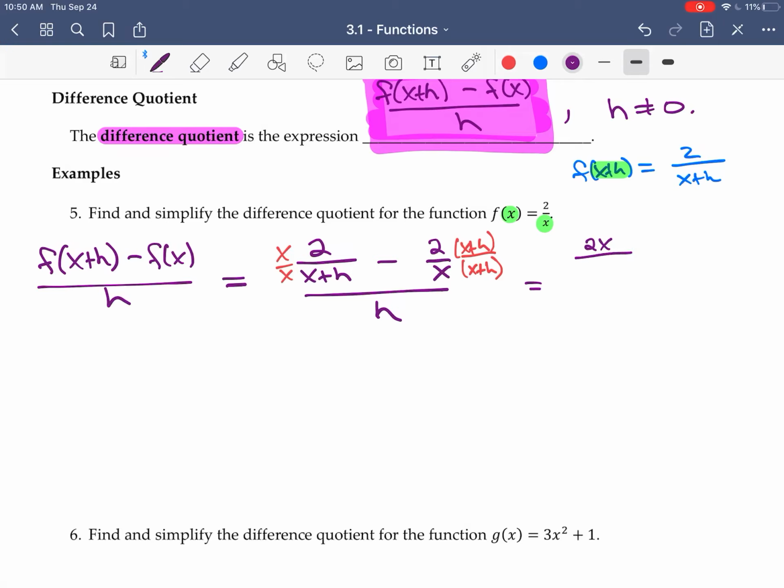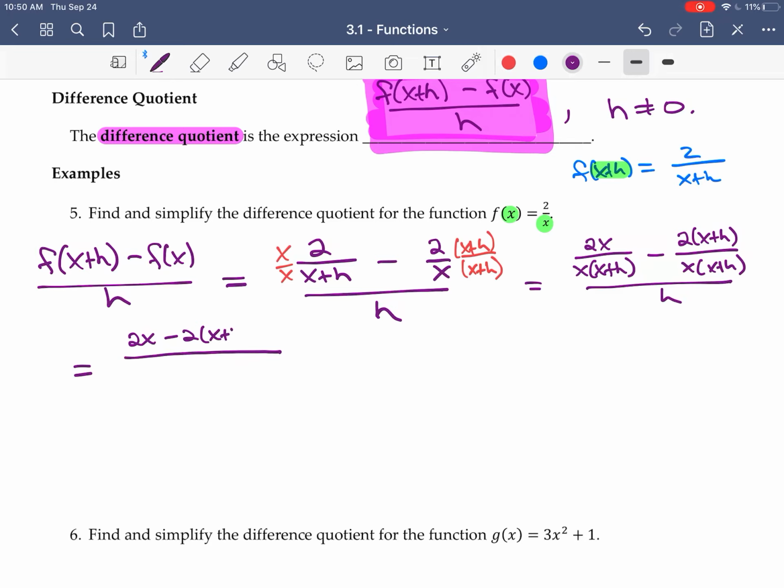So it's going to be 2x over x times (x plus h) minus 2(x plus h) over (x plus h), all over h. Okay, so then I can put those together. So it's 2x minus 2(x plus h) over x times (x plus h).